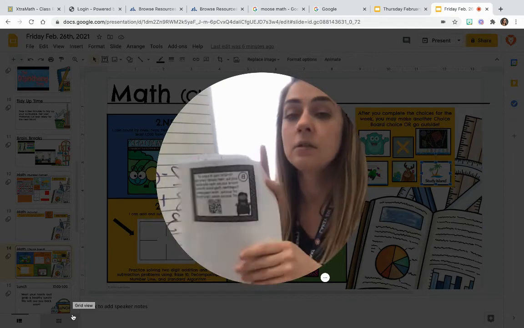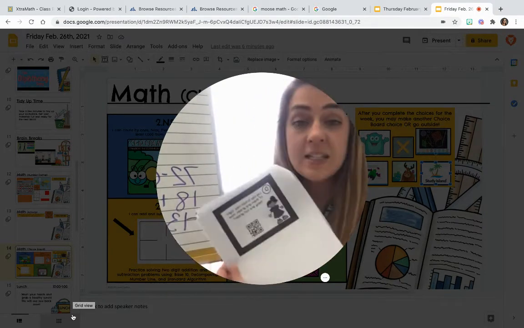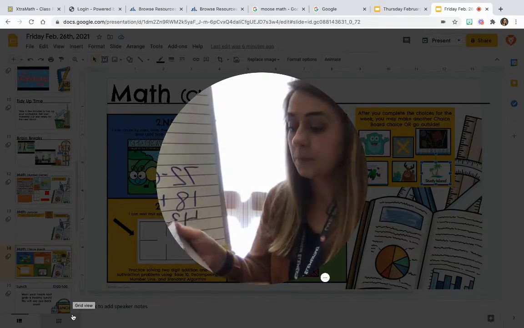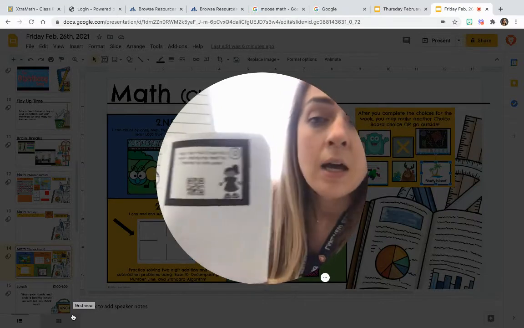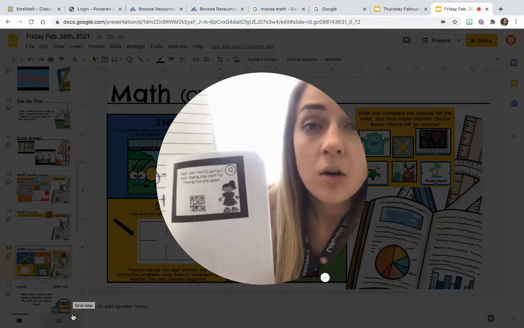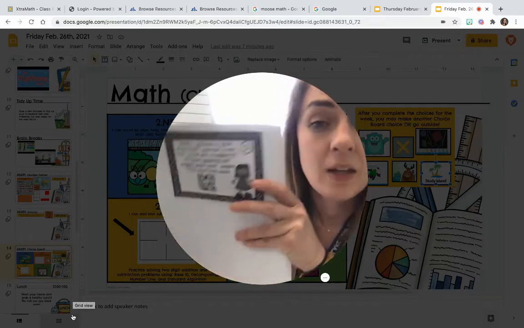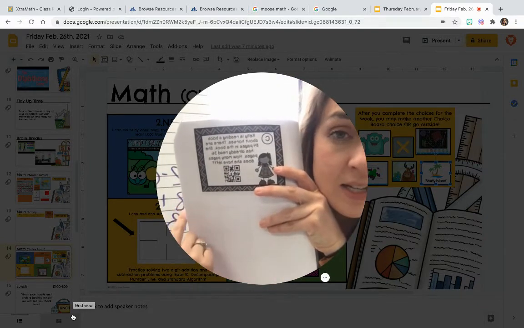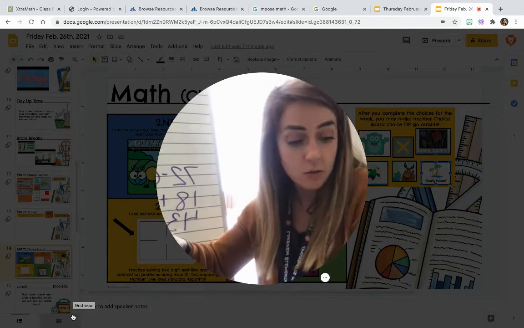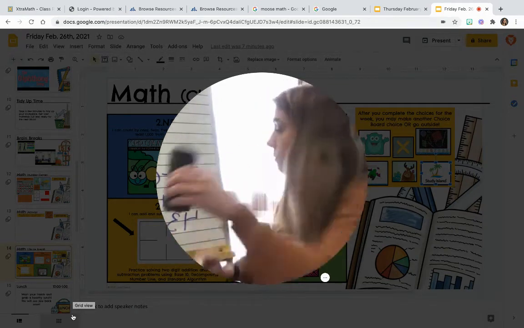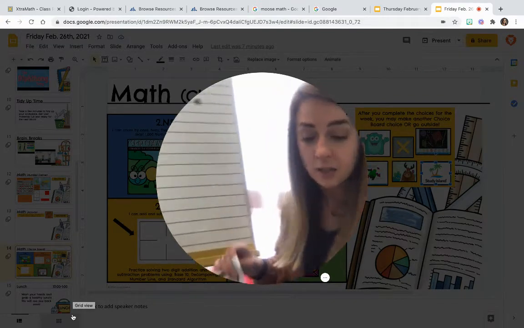There's A, B, C, and D. I think we did A. So if that's the case, then you're only going to need to do B, C, and D. I want you to write the number sentence and then show me how you're solving it. So I will read them to you and we can talk about what it would look like. And then you can use base 10 blocks to solve it.